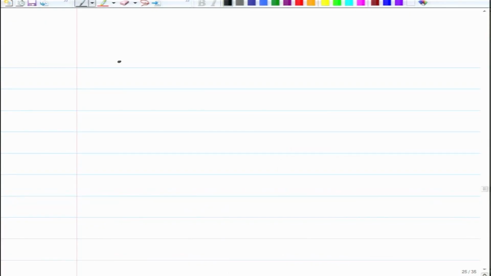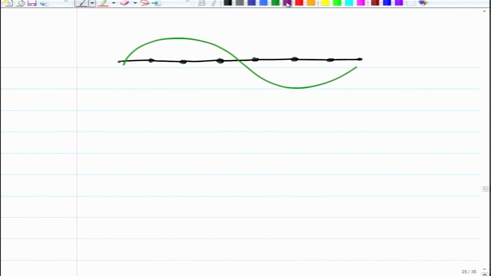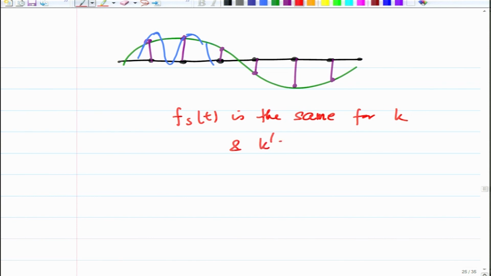So, when I have this wave, and I am claiming that with a lambda like this, where the particles are displaced like this, and another lambda which is shorter like this, gives the same vibrations, then we have found that f s t is the same for k, and k prime equals k plus 2 pi by a times n, and the velocity v is nothing but df by dt.